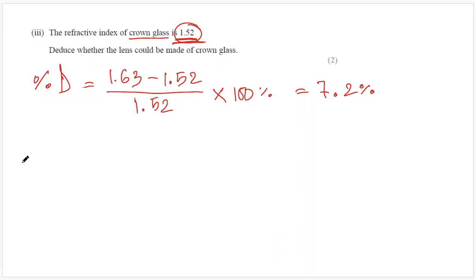So this value is 7.2%. Now comes the most important bit, that is the conclusion. Always remember, you compare percentage difference with percentage uncertainty.